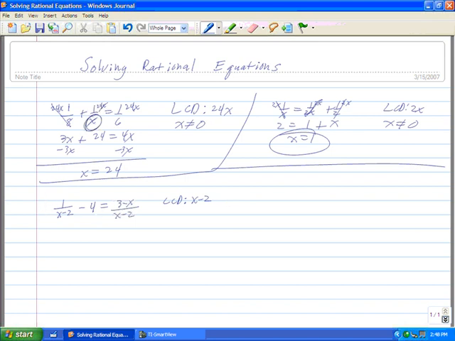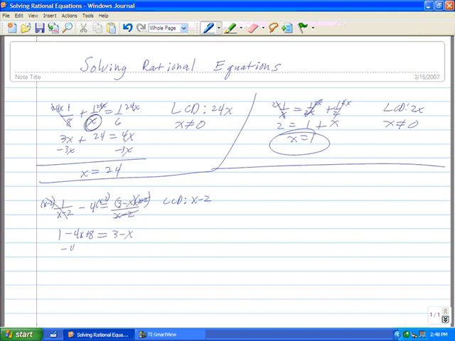So we're going to multiply by x minus 2 once, and again, and watch your grouping symbols, and again. In the first fraction it cancels, you're left with a 1. In the next fraction, I'm going to have to distribute carefully. It'll be a minus 4x plus 8 equaling, last fraction, cancellation, you got a 3 minus x.